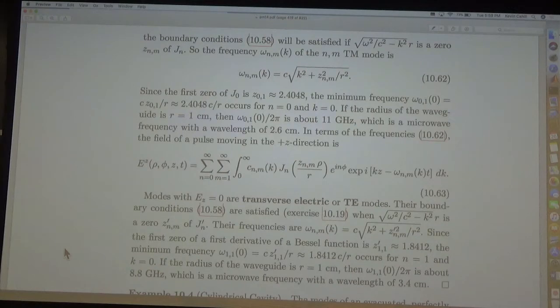Using all these frequencies, a pulse moving in the z direction then is a sum on n and m, and you have these expressions for the z-t dependence, this for the phi dependence, and the non-trivial thing is J_n of Z_nm rho over R. So these are all the TM modes.